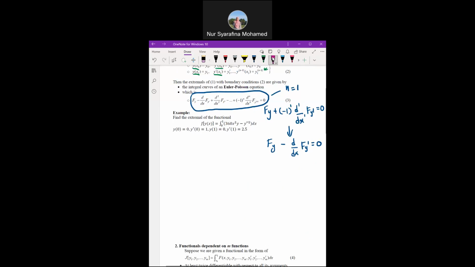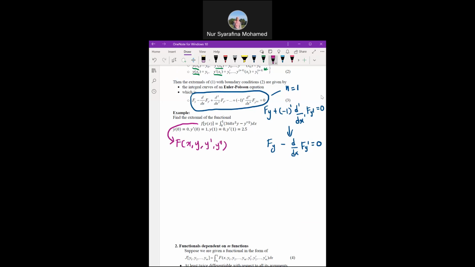Now let's take a look at this example. We have a functional J equals the integral of 360 x squared y minus y double prime squared dx. Here we have a functional consisting of x, y, y prime, y double prime.